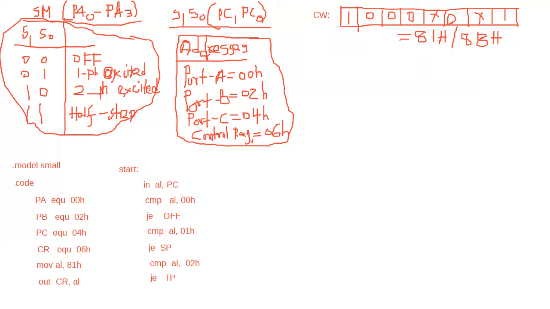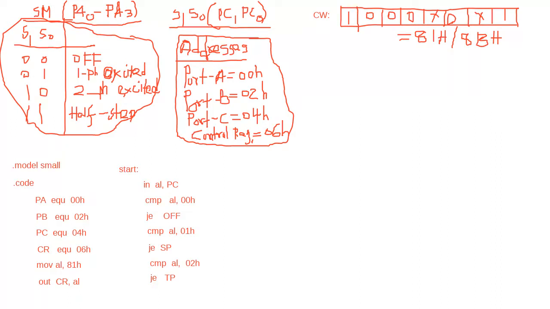AL comma. If S1 and S0 are 1 1, and all the MSB bits on the left are 0, then it will be 03H.